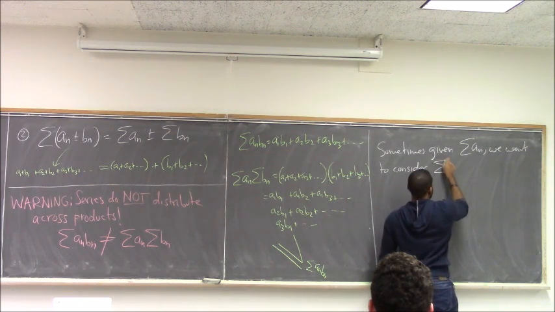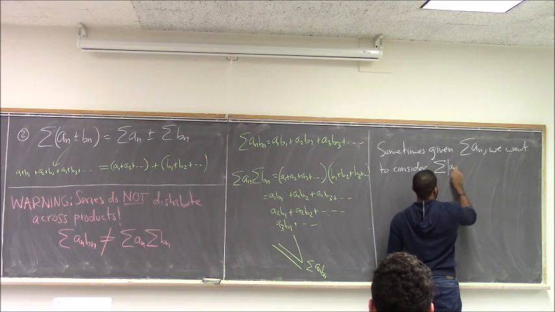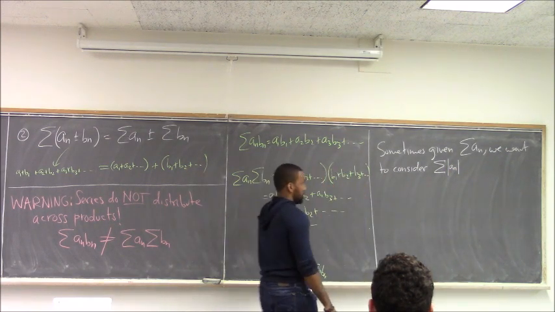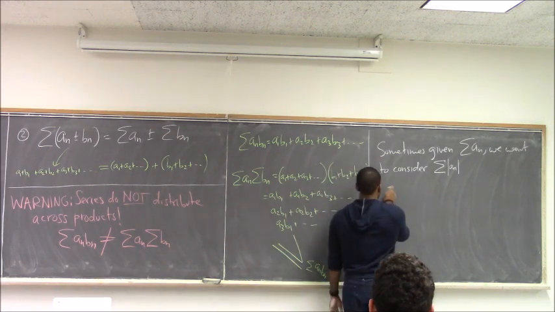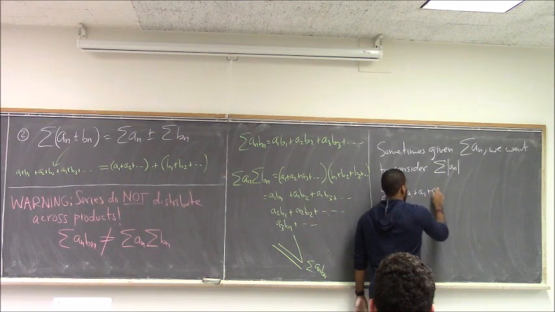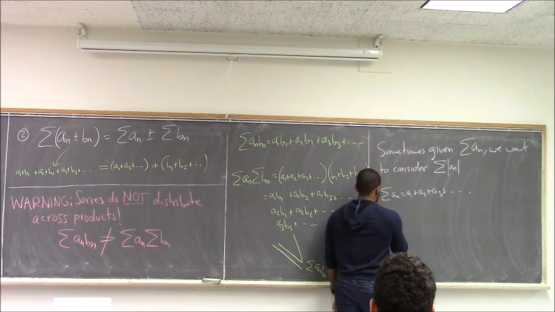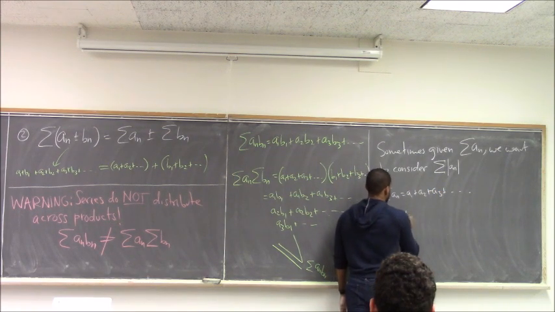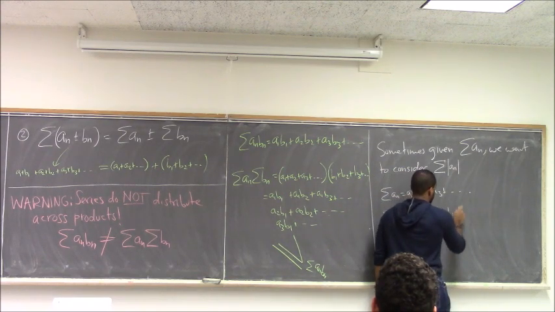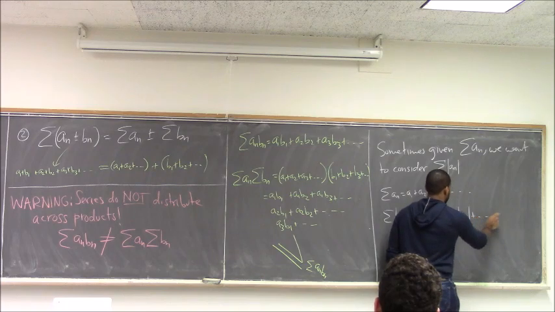Specifically, the series that you would get if I threw absolute values around all the terms. So now, the series of an is of course a1 plus a2 plus a3, while the series of the absolute value of an just means the absolute value of a1 plus the absolute value of a2 plus the absolute value of a3 plus, okay?